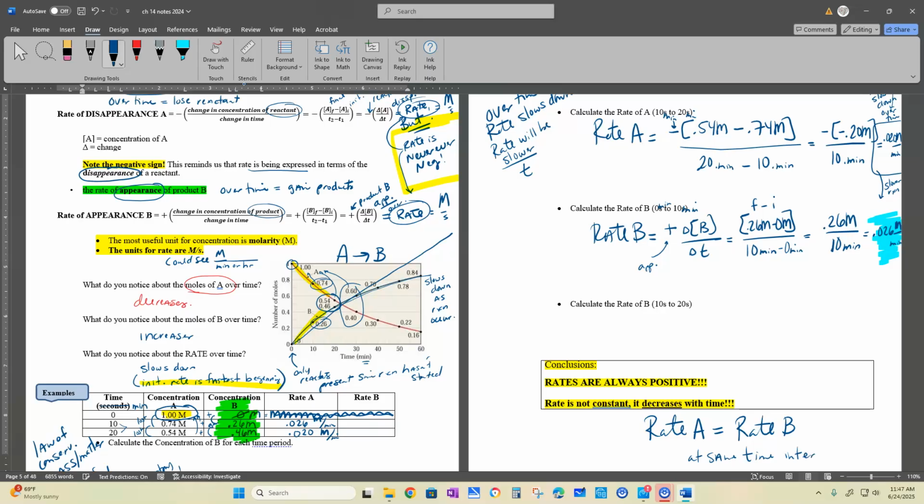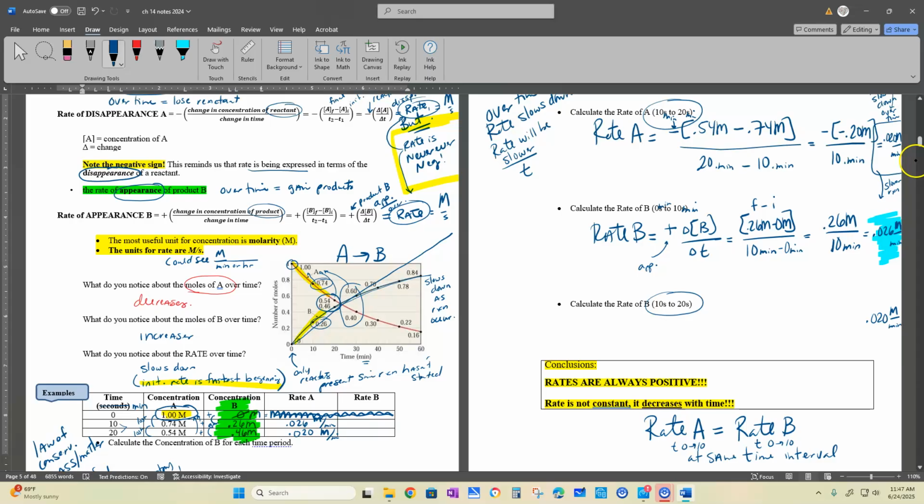So if you're looking at 0 to 10 minutes for A, so I'm going to put right here, time from 0 to 10. Same thing here, time 0 to 10. They will equal the same. So what do you think the rate of B is going to be? Probably what A did from 10 to 20. From 10 to 20, I bet you the answer is going to be 0.020 m over minutes. Well, let's check it out.